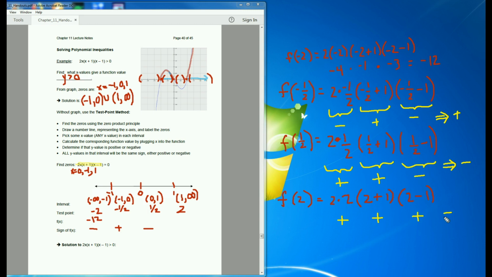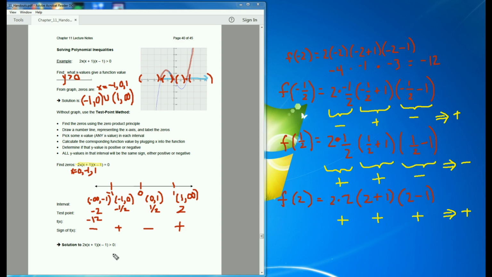Everything is positive, so that gives us a positive result. You see how everything we've done down here exactly confirms what we saw in the graph up here.